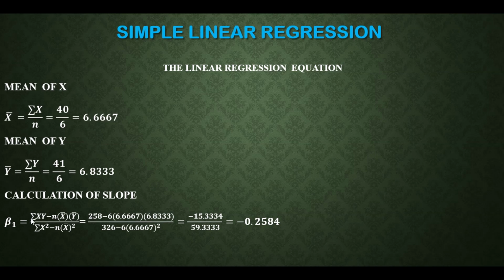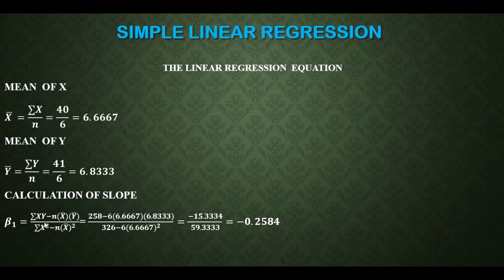6.8333. And in order to calculate our slope with the first formula, we have summation xy minus n, where n is 6, into x bar and y bar, all over summation x square minus n into x bar square.